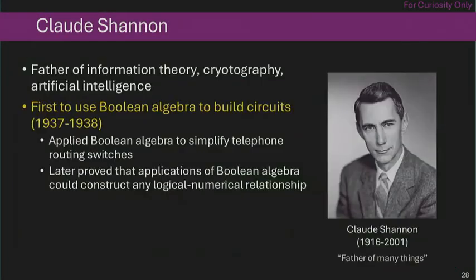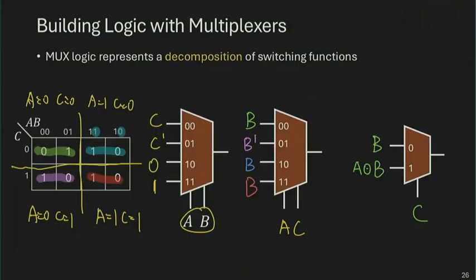That's essentially what we did over here, right? When we break it by C, then the other two implementations do not depend on C anymore. Formally speaking, that's Shannon decomposition, but casually, it's just cutting the K-map.